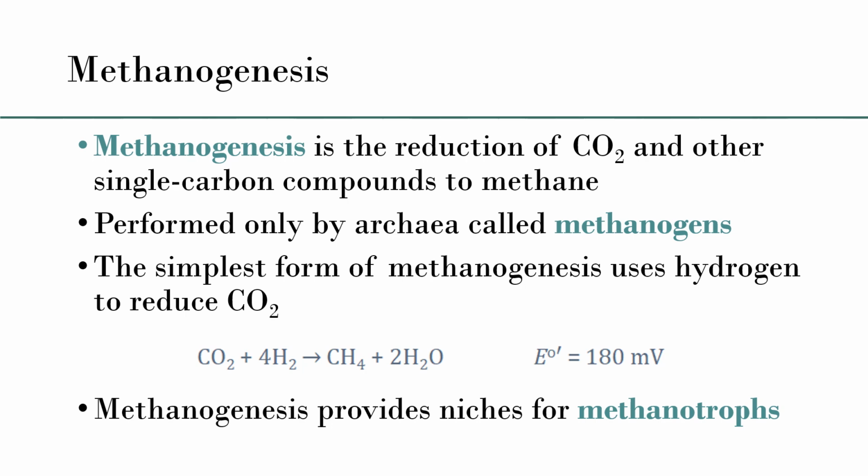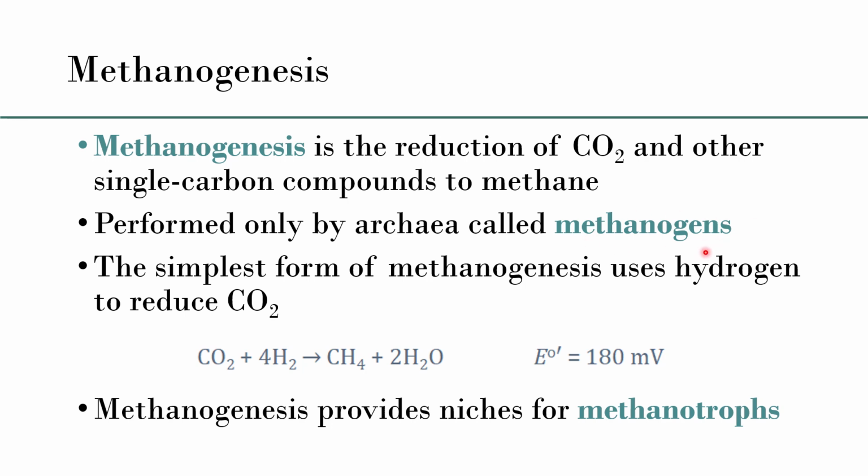Methanogenesis is where they reduce CO2 to methane. So we're taking CO2 and we're adding hydrogens to it until we form CH4, which is methane. This is performed only by archaea, and they're called methanogens. What they do is they'll often provide a unique niche for other organisms.